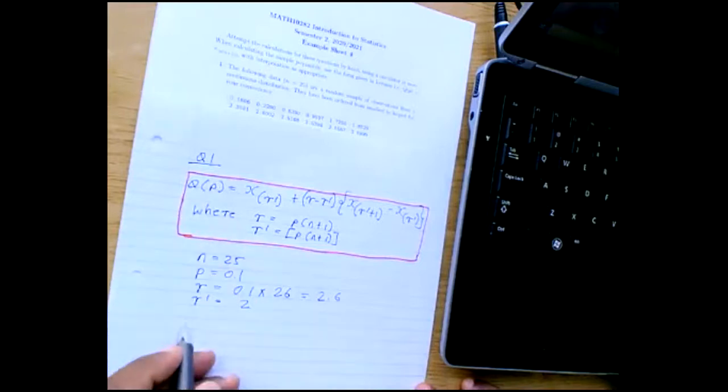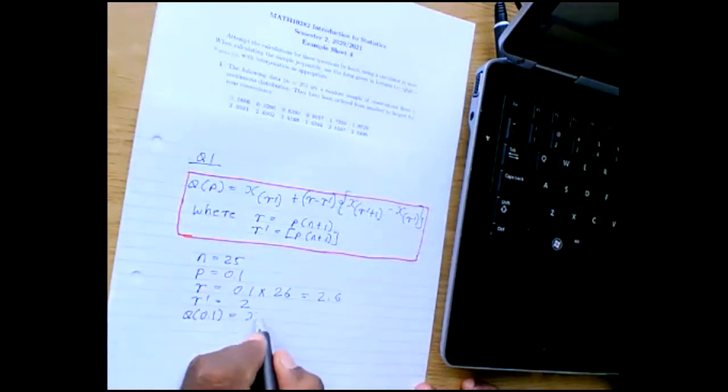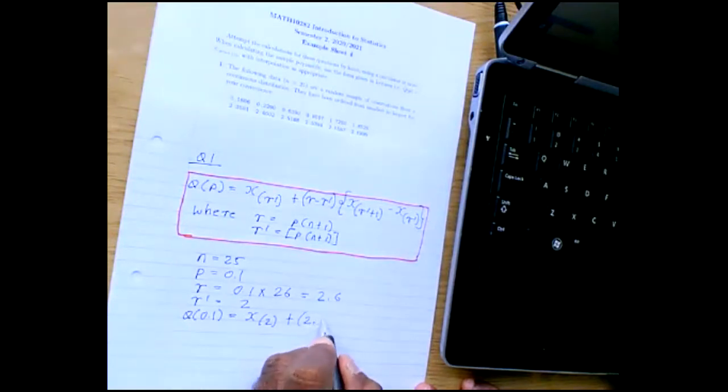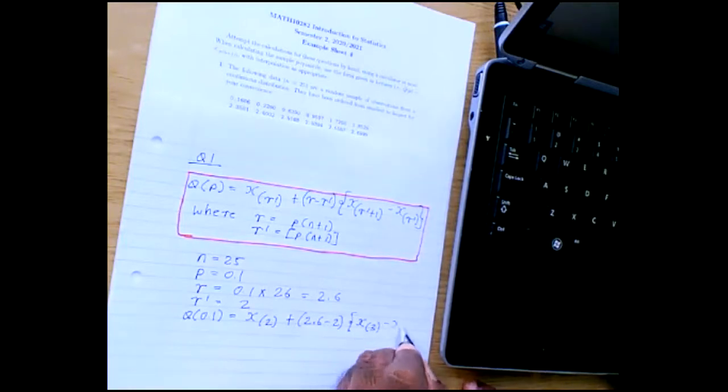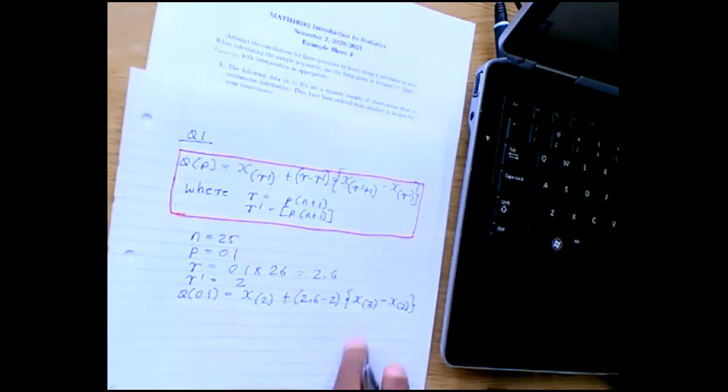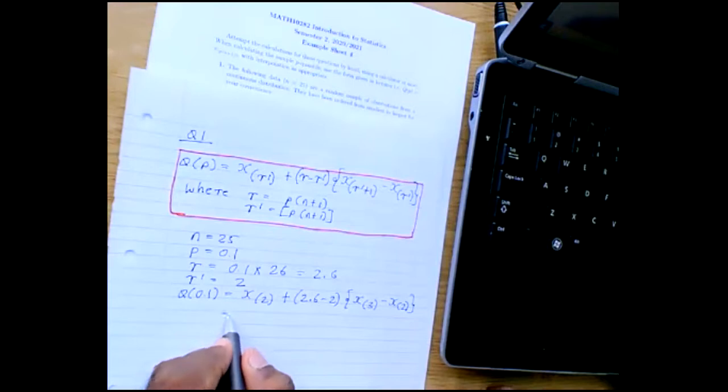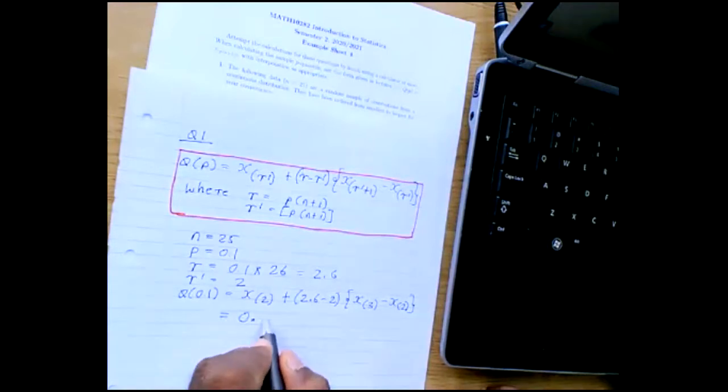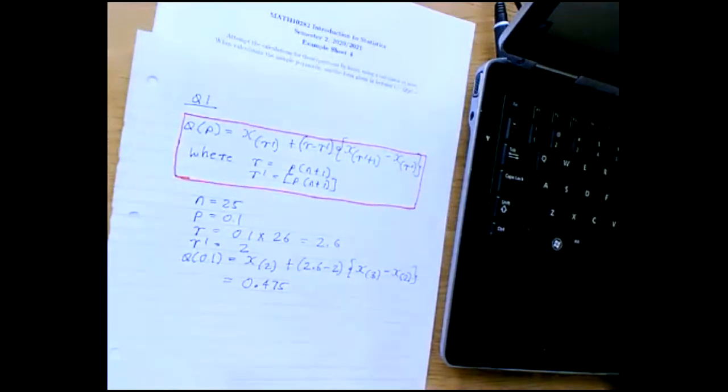So using this formula, your q at 0.1 will be this, right? And if you work this out using a calculator, you will get 0.475, right?